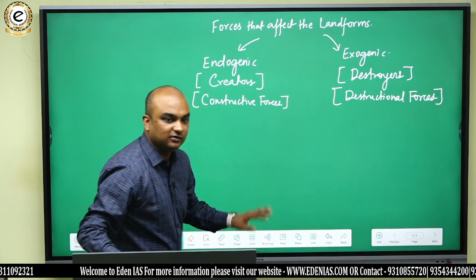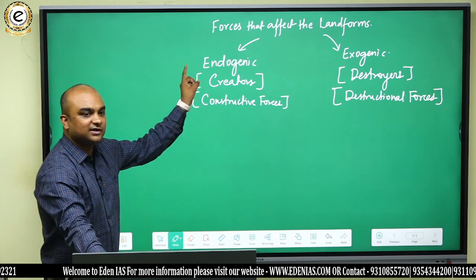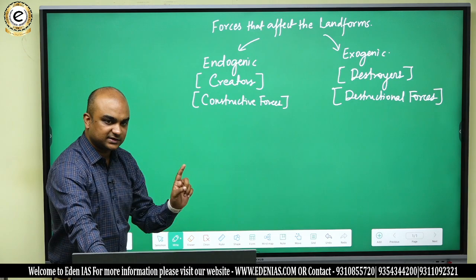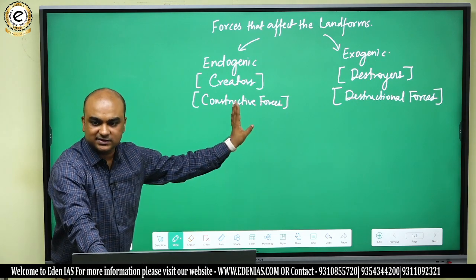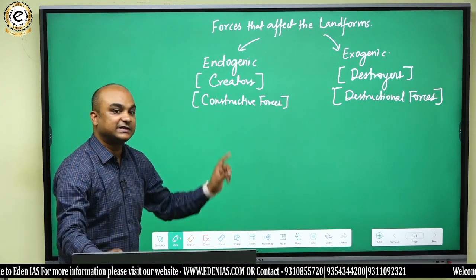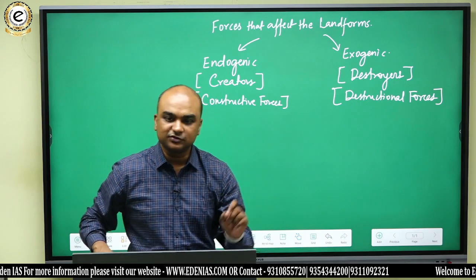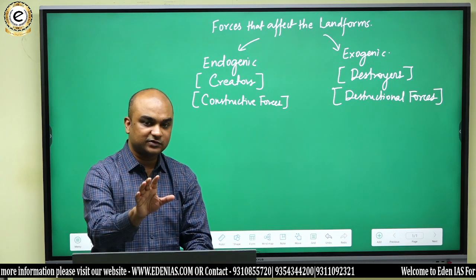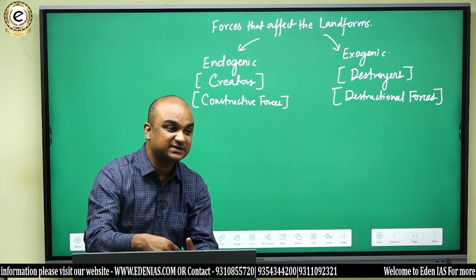Got it? Now look here very carefully. I'm saying there are two sets of forces that impact any landform. The first is endogenetic forces, the second one is exogenetic forces. Endogenetic forces are those forces that create landforms, whereas exogenetic forces are those forces that destroy landforms. Endogenetic forces originate from the Earth's interior.